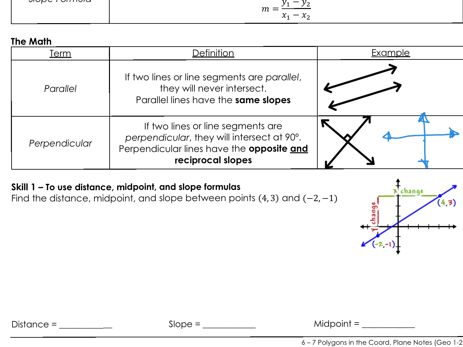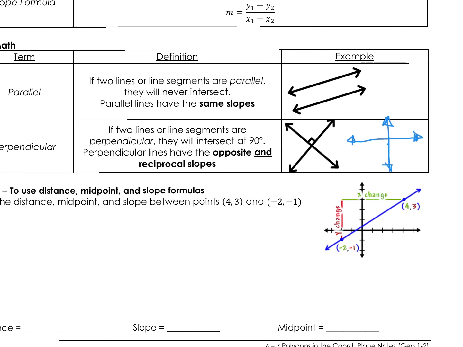Okay, so for this line right here, that is a vertical line. And vertical lines are equivalent to a wall. If you can't walk up a wall, then this line does not have slope.